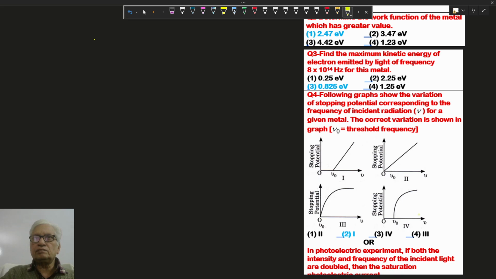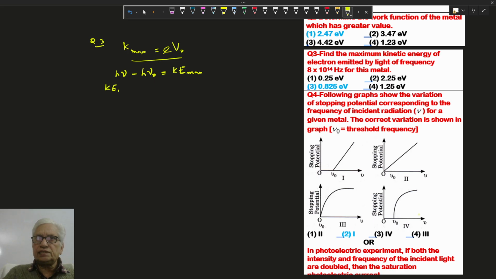Find the maximum kinetic energy for the emitted electrons, meaning kinetic energy maximum or eV naught, both are the same. We can solve h nu minus work function is equal to kinetic energy maximum.